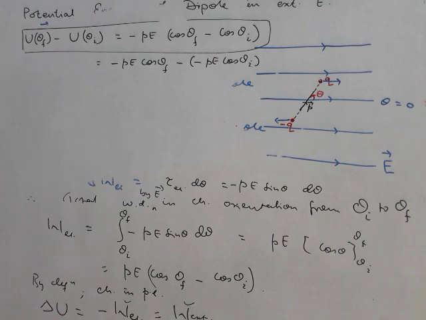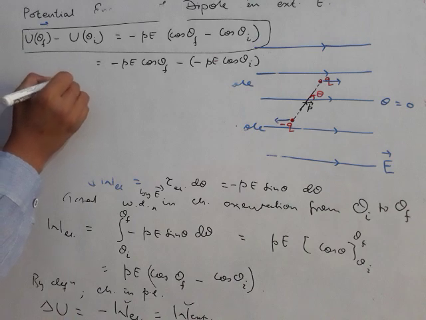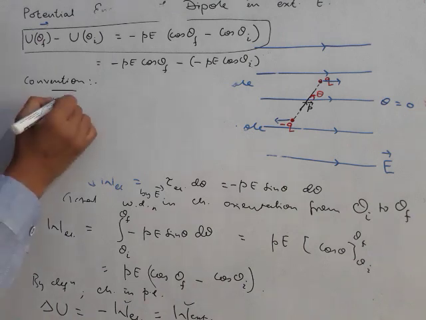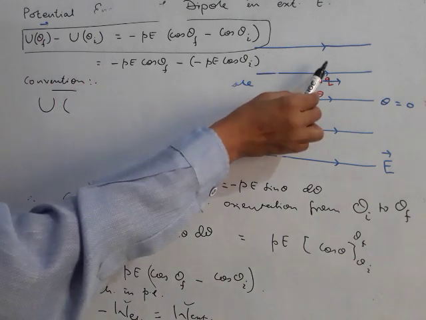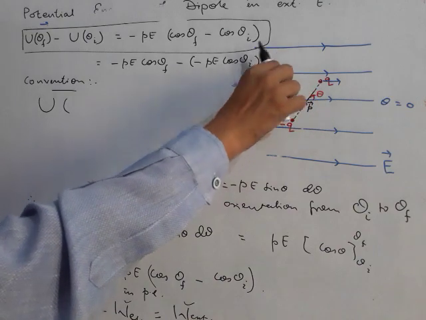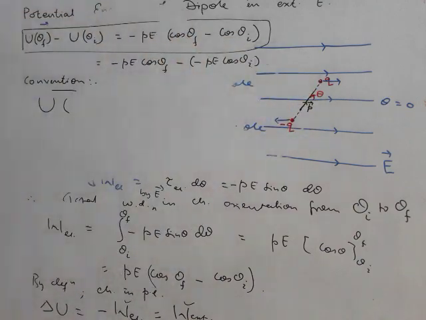Now we'll choose a convention, and that convention is a bit unique. That convention says the potential energy of electric dipole at a particular angle theta can take what values? It can take the values from 0 to 2 pi, that is 0 to 360 degree.